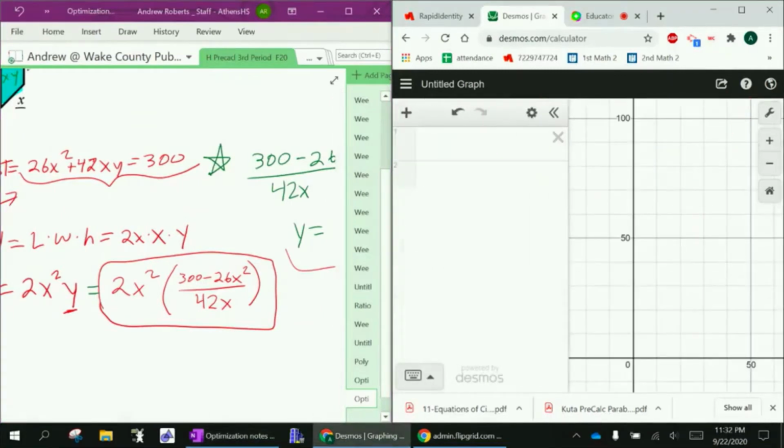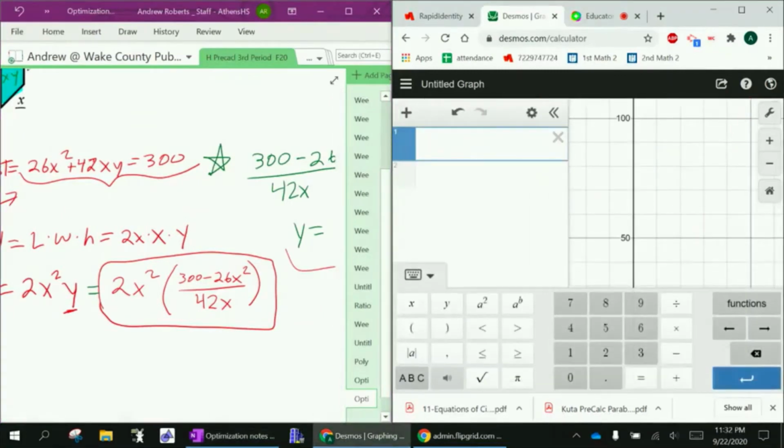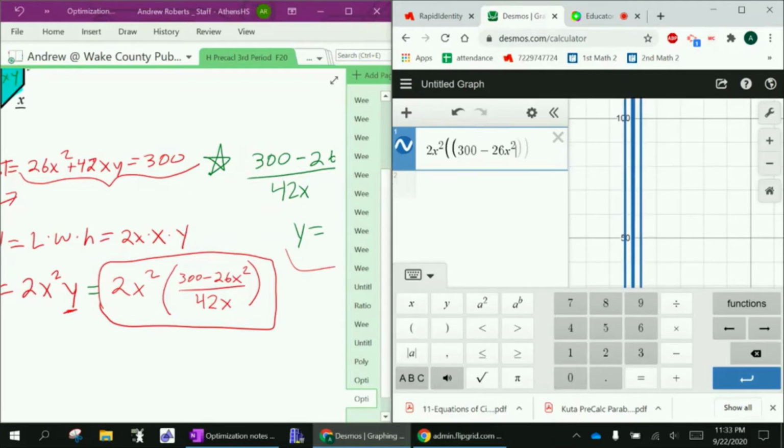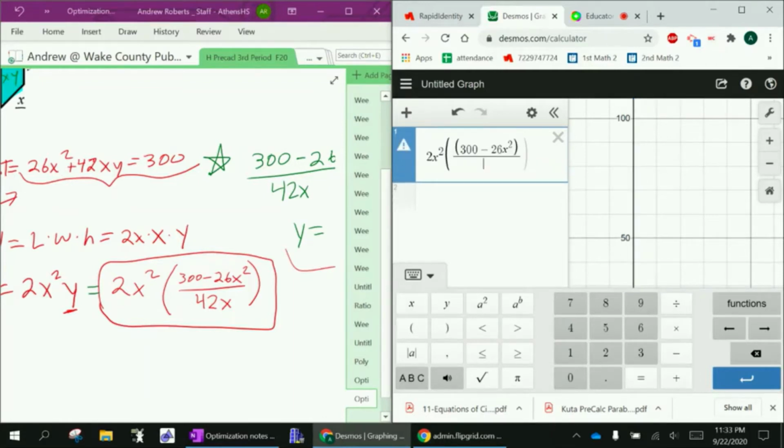I'm going to have 2x squared times (300 minus 26x squared) divided by 42x.